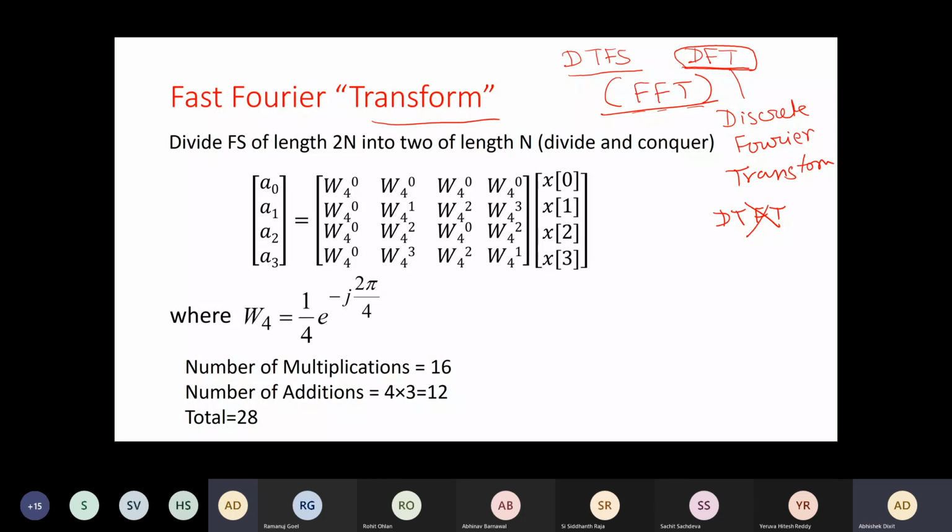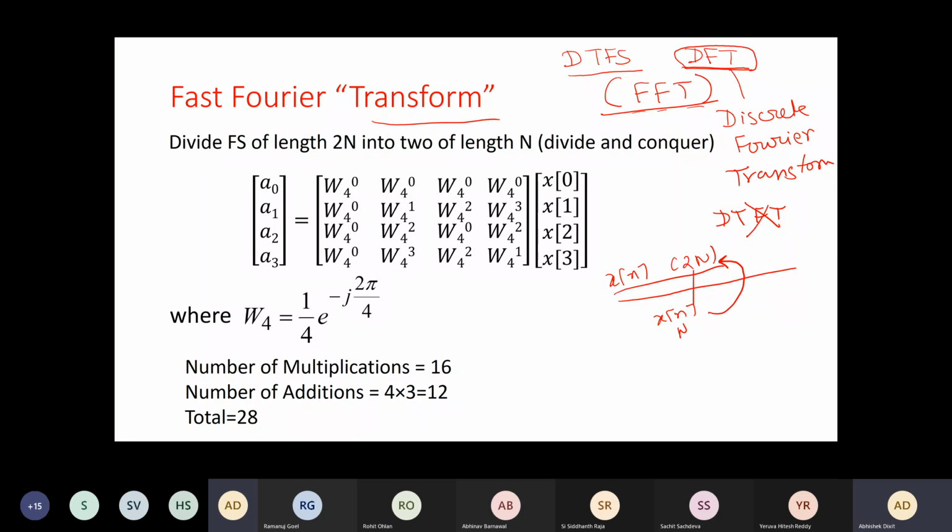It says that if you have a signal Xn, just for motivation, of length 2N, let us say, instead of calculating the DFT of Xn with length 2N, let us compute the DFT of Xn of length N, and from these we will try to interpret what would be this.